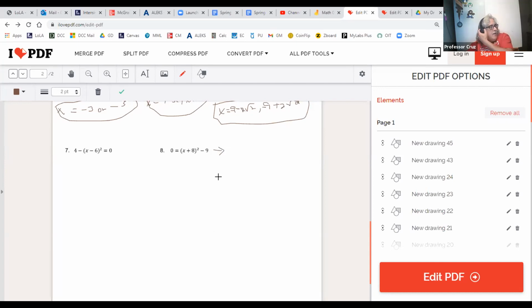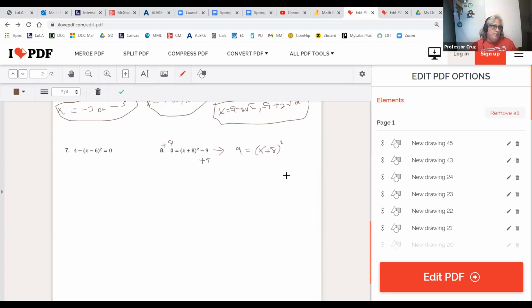Now, we obviously can't do this because the x plus 8 all squared has got a negative 9 over there. So I'm going to add 9 to both sides. So this is going to be 9 is equal to x plus 8 squared.